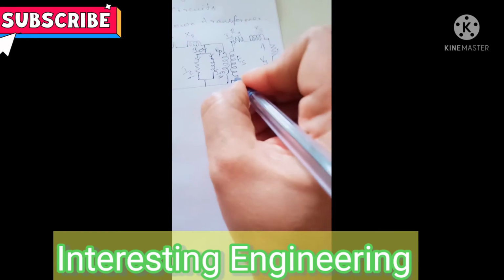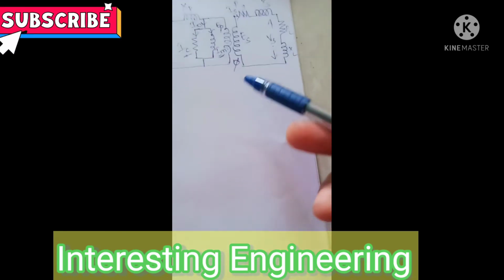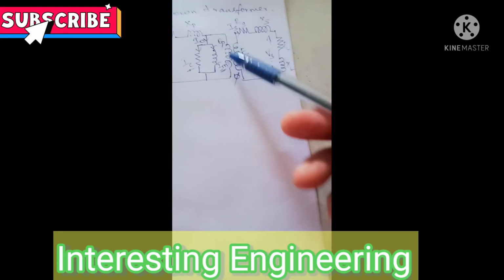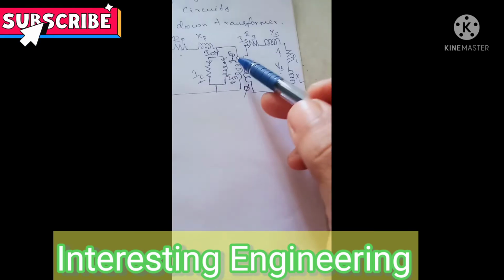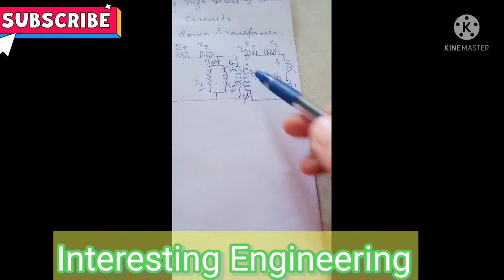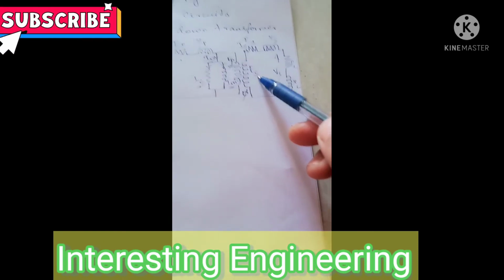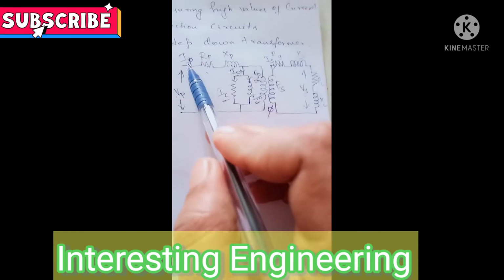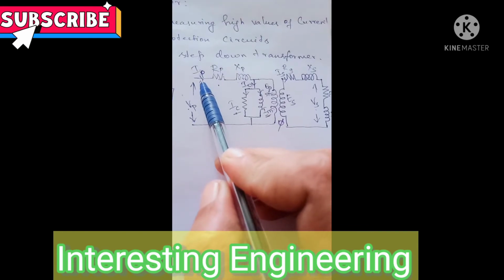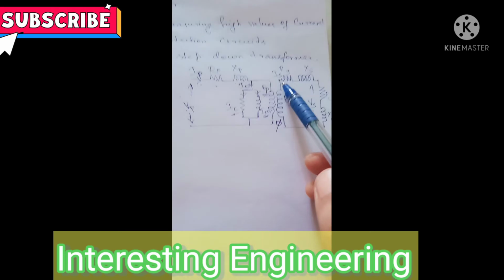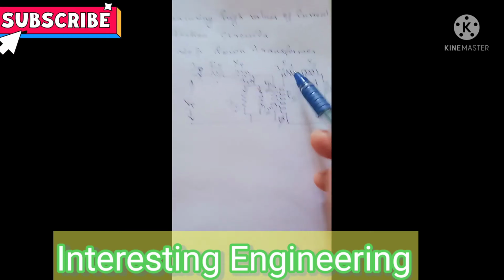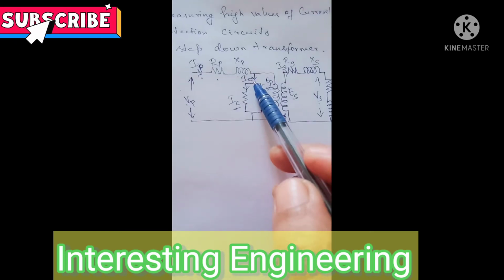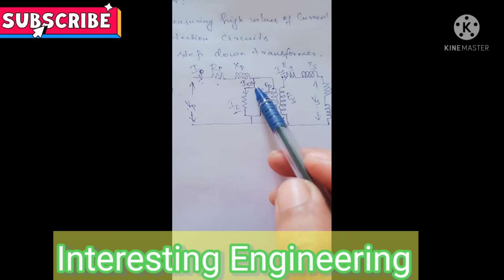Due to the current flowing through the primary winding, flux phi is created. This phi develops voltage Ep, and based on the mutual inductance concept, a voltage denoted by Es develops in the secondary. The current flowing through the primary is denoted by Ip, the current flowing through the secondary is denoted by Is, and under no load condition, the current is denoted by I0.